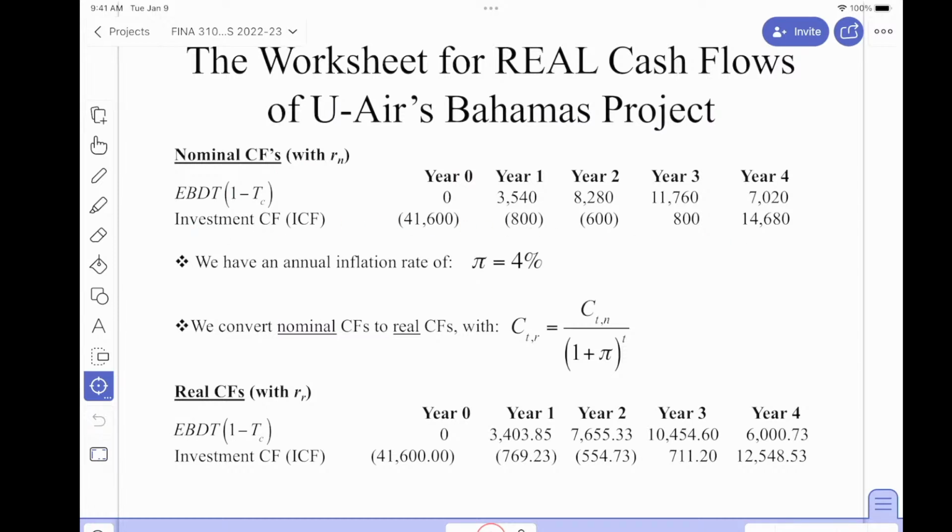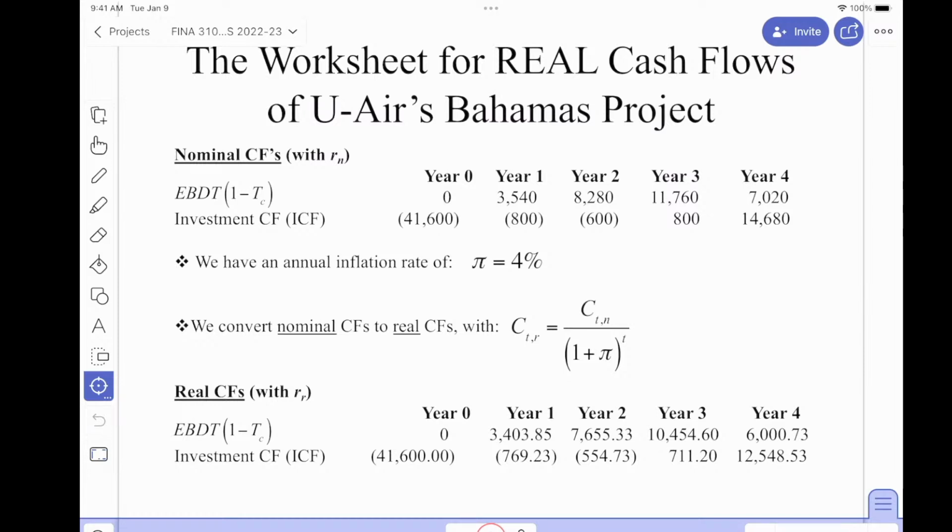Unless I specify that something is real. Now with the nominal rate, you have to use the nominal rate that must be used to calculate the nominal cash flows, to find the present value of nominal cash flows.